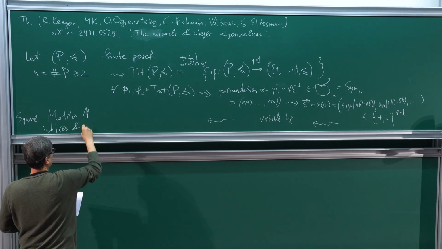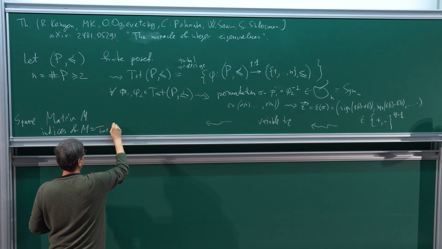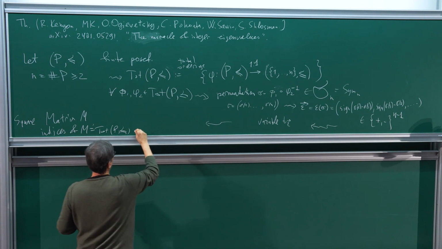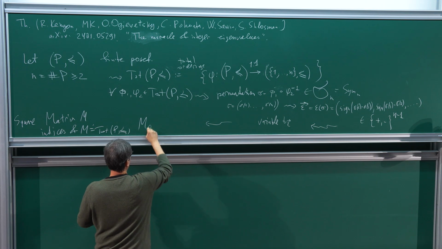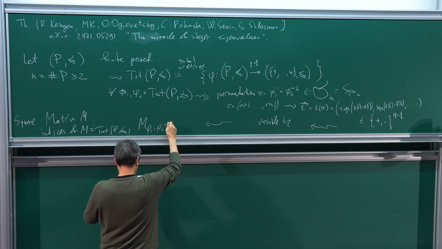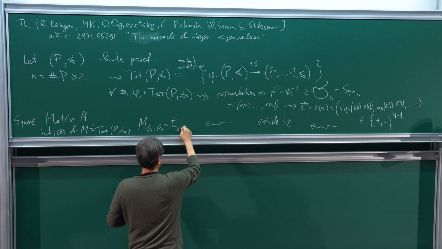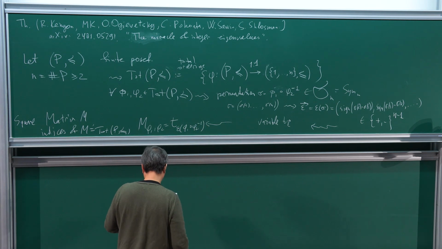The indices of M are my set of total orderings, and the matrix element is t with an index depending on the ratio of two orders, on the corresponding permutation.